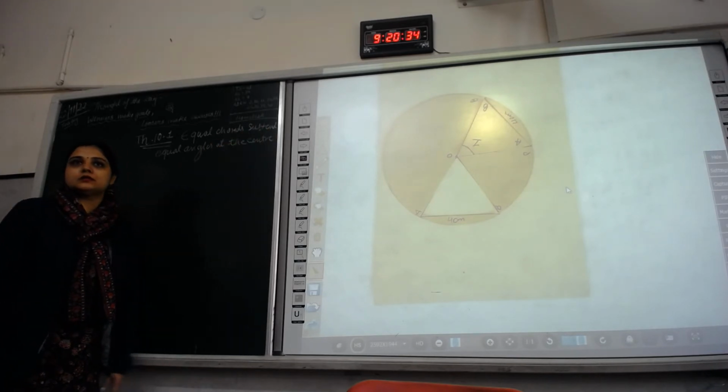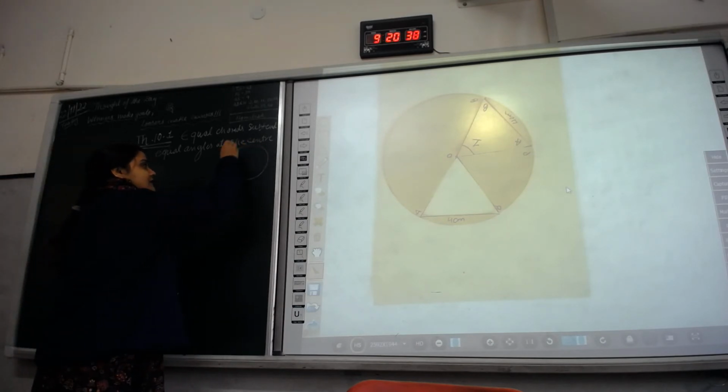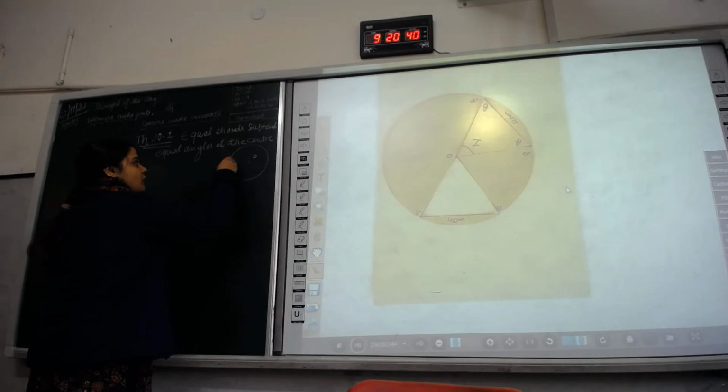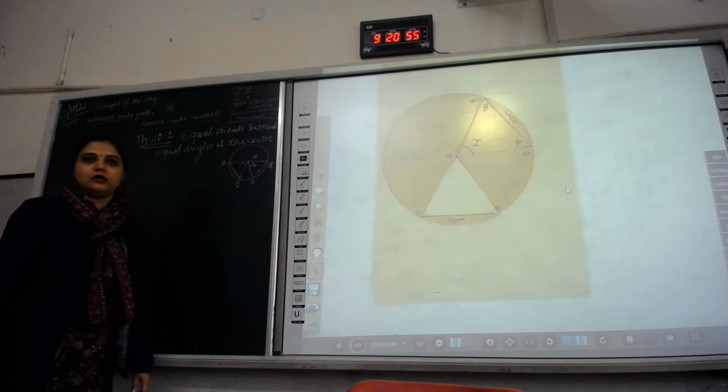Right? This is the statement. Yes, ma'am. We all know the figure now. We'll have a circle with center O, and there are two chords AB and PQ, and it is given to you that AB and PQ are equal, and you need to prove that the angles subtended by them are equal. So we will prove that angle 1 and 2 are equal.